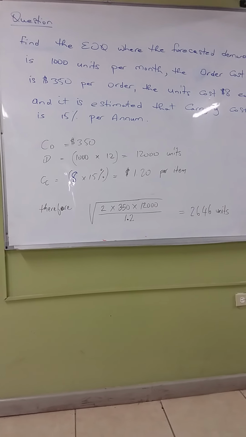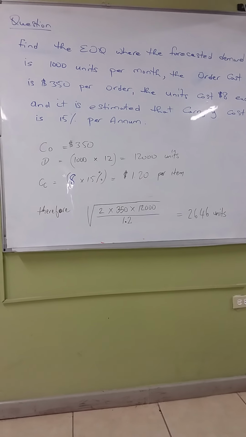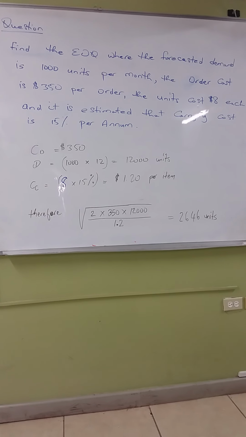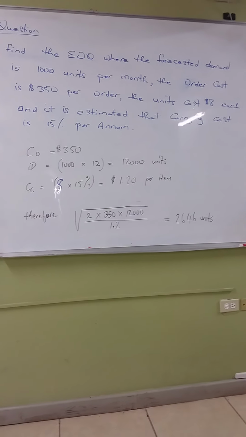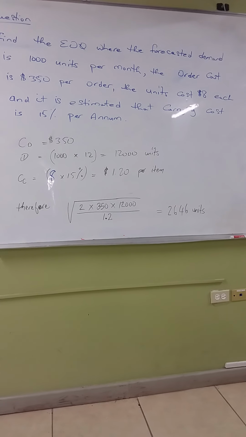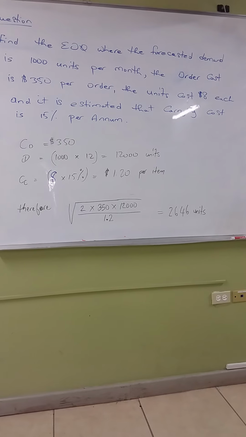If you want the annual demand, you multiply the monthly demand by 12. So if your monthly demand is 1,000, your annual demand would be 12,000.